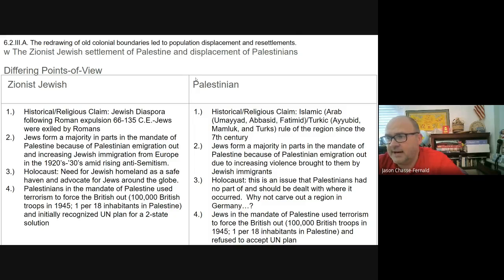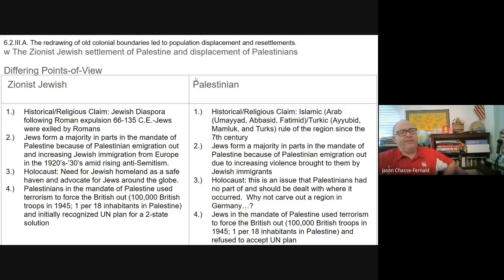So Jews did migrate in and legally acquire land, so some Palestinians moved out as a result of that, and some Palestinians also moved out as a result of increasing violence that occurred as these Jewish populations started to become a majority.